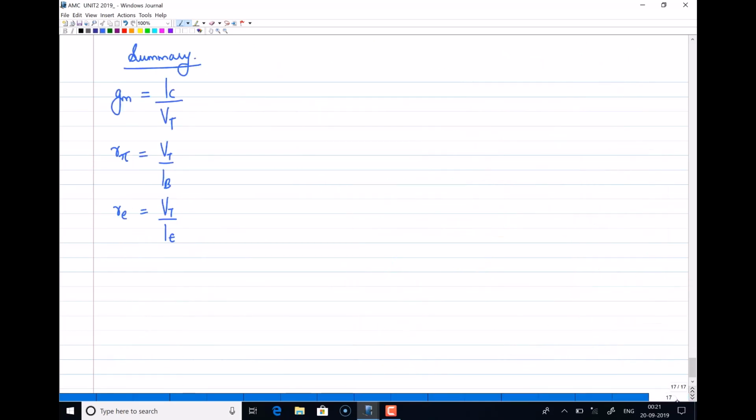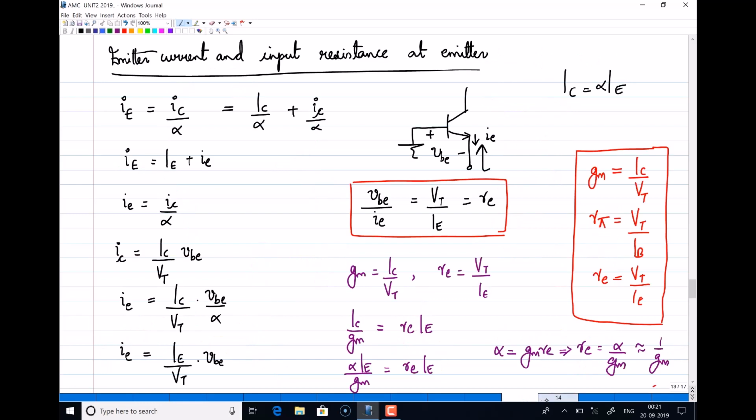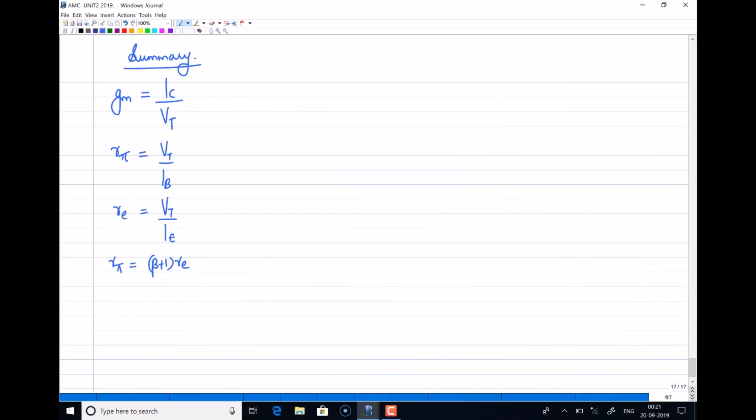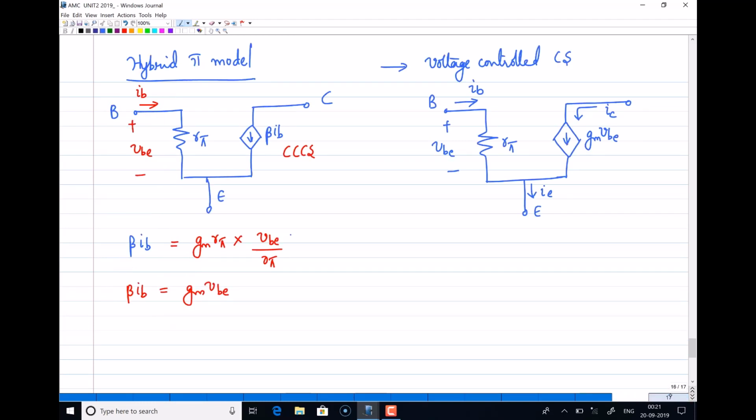Then the relation between Rpi and Re: Rpi is beta plus 1 into Re. Then the relation between Gm and Re: Re is alpha by Gm, or approximately 1 by Gm. And finally, we have replaced the controlled current source with the controlled voltage source.